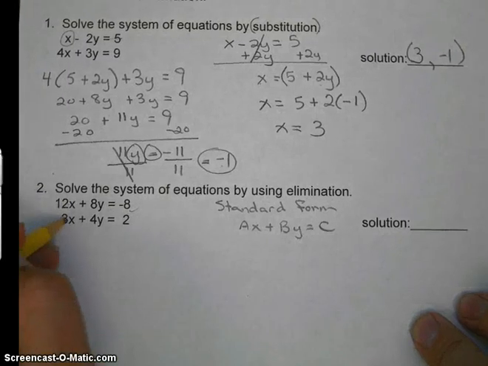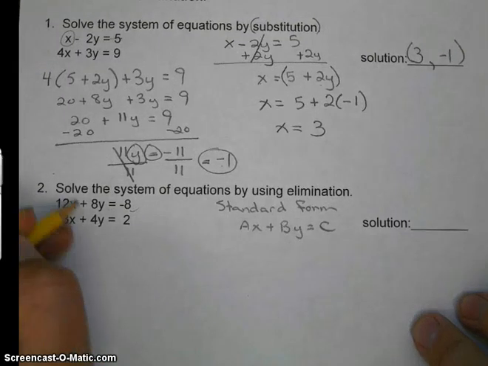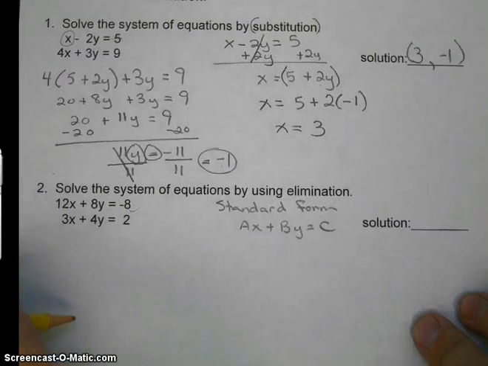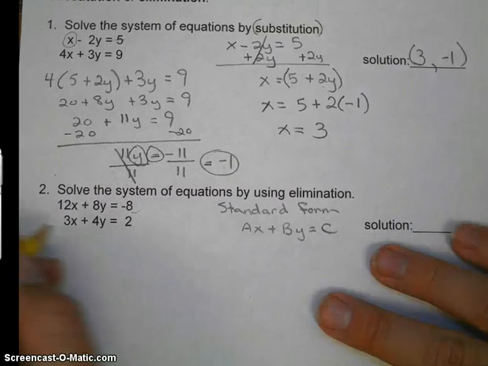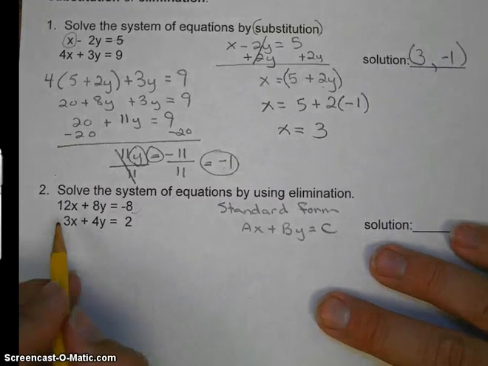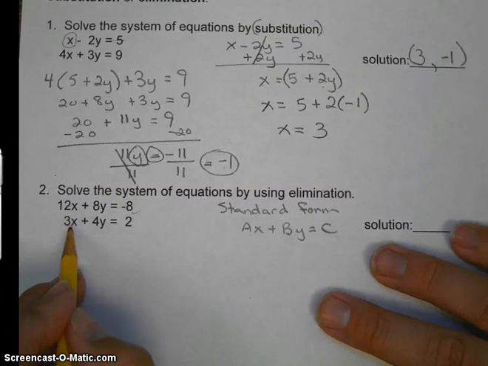Well, 12 plus 3 is 15. That doesn't eliminate the variable. Subtracting, no. So we have to change it a little bit. We want to make the numbers the same. Let's say I want to eliminate the x.